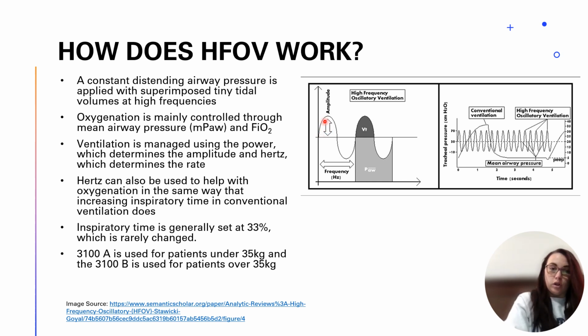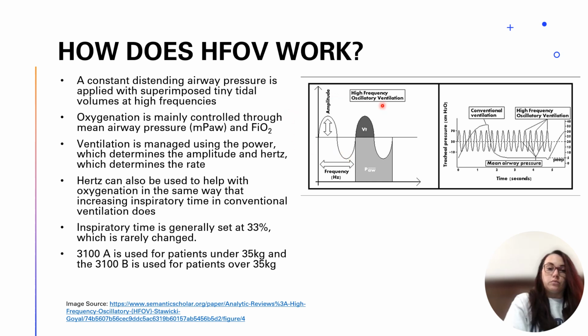If your hertz are lower, you're going to have larger curves that move more volume with each breath. It's kind of the opposite of conventional ventilation, where if you have a higher rate, you have a higher minute ventilation. Whereas with HFOV, generally, if you have a lower rate, you're going to have a higher minute ventilation.